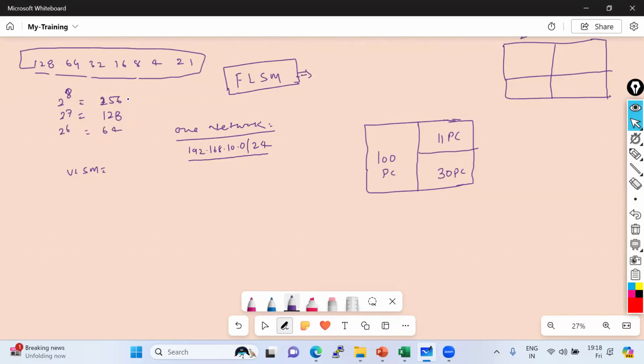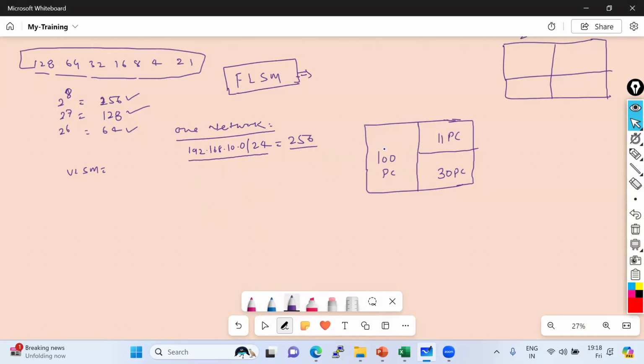If I use 2 to the power 8, the subnet maximum hosts is 256, but I need to divide this subnet, right? Using 2 to the power 6, my 100 requirement would not be fulfilled. So I'll use 128. This will be the 100 subnet, and I'll get some extra addresses as well. If I divide this network into two parts, I get more than 100 hosts, which accommodates all the PCs. You need a minimum of 100 hosts, not less.